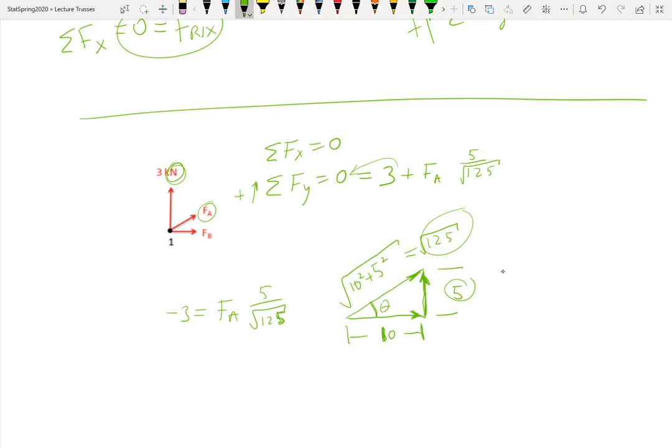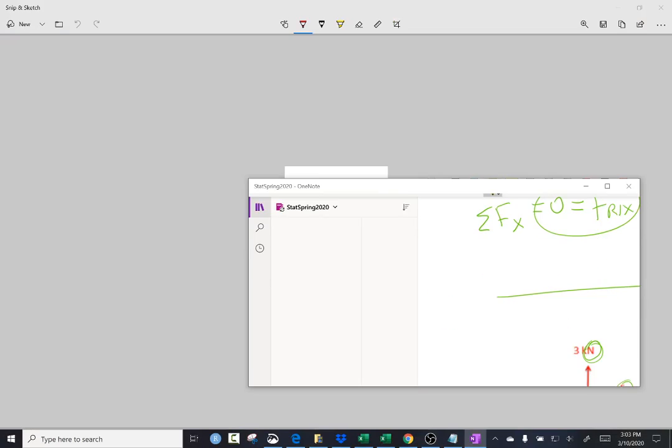Okay, so now that you've got that, what you're looking at is a pretty simple setup. FA would equal, and let's break it away.